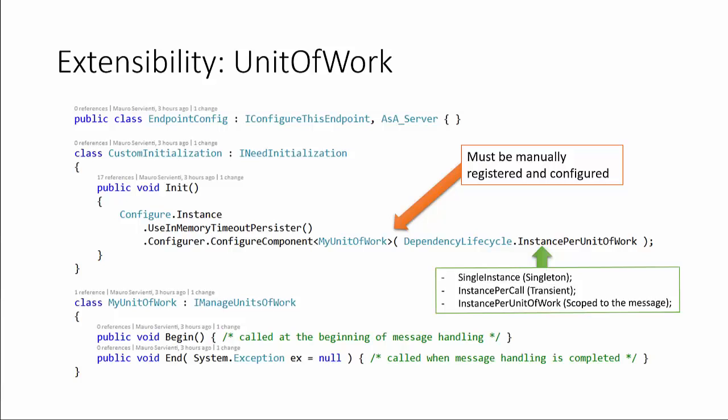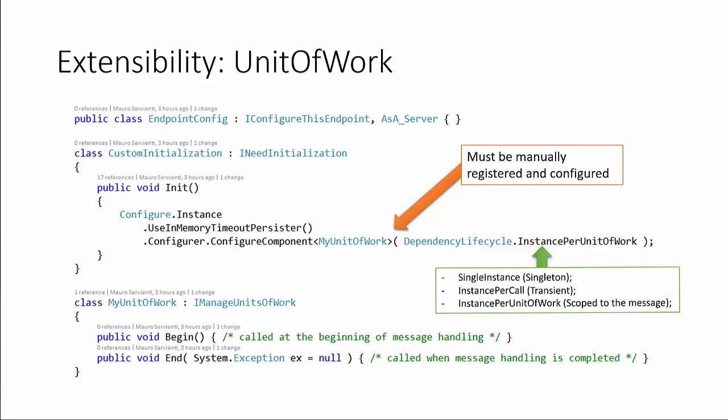Given the fact that NServiceBus handles messages in a multi-threading manner, if we configure our endpoint to use, for example, 5 threads, that means that we can handle 5 messages at a time. And this means that in this sample, 5 MyUnitOfWork instances will be created, and their life cycle will be scoped to the same life cycle of the message.